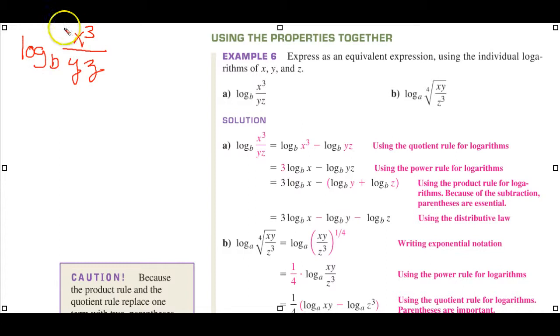Well, we want to write this as an equivalent logarithmic expression built on what we've learned so far. So we have this exponent 3 here. So I'm going to put my 3 out here, log base b of x. So this first part is this right here. Now what I have to do is subtract this.